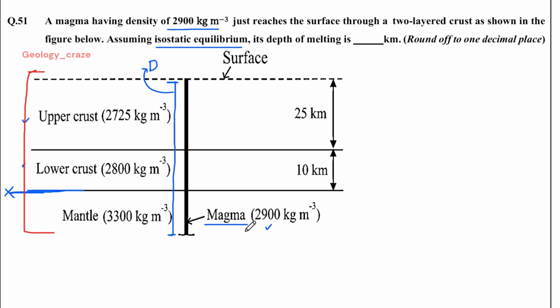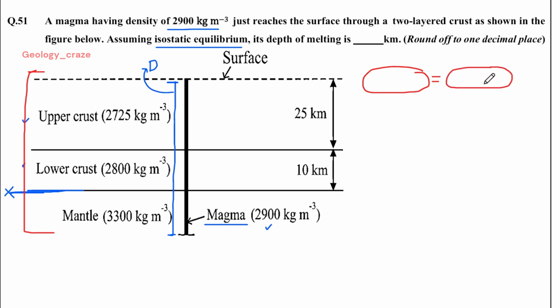So how will we approach this? We simply do one thing. We have to first make the equilibrium. Equilibrium means an equal sign: this side material and this side material are going to be equal.